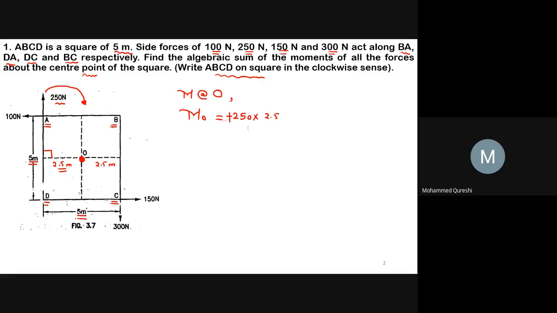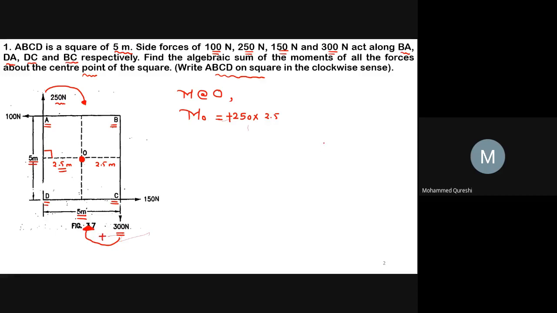Now we will go for another force, that is 300 Newton force. As the 300 Newton force will come closer to point O in this direction, hence this is your clockwise direction, so it will be plus.